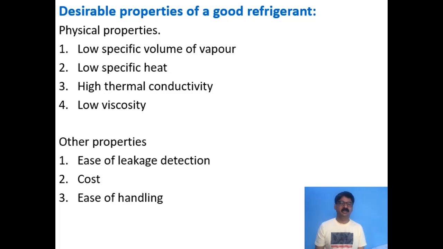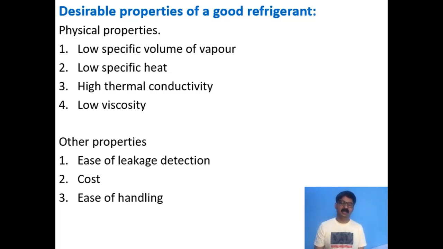That means less heat should be supplied to raise its temperature from a given temperature to its boiling point. If it has a high specific heat, it requires more heat to go from the freezing point to the boiling point. So for every degree rise in temperature, the heat required should be less. Then we call it low specific heat.